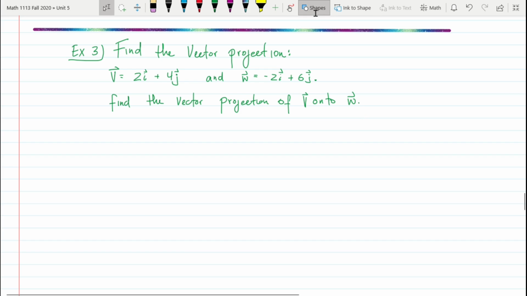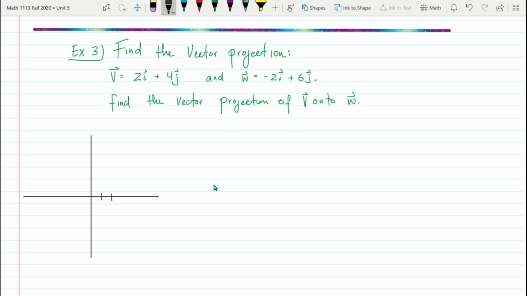So let's try to plot those two vectors first to get a good idea as to where they are. If I look at vector v, it goes 1, 2, then 1, 2, 3, 4. So that's right here. And then vector w goes 1, 2 to the left, and then 6 upwards.